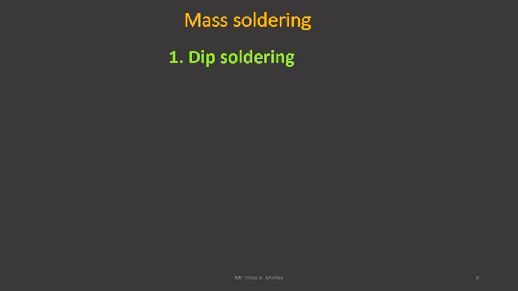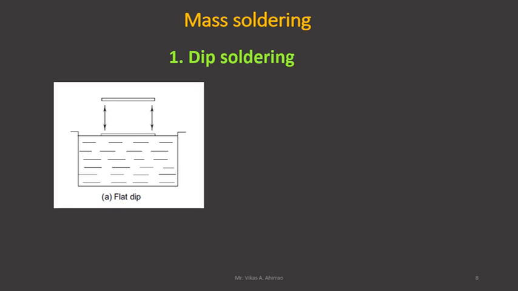Among them, the first is dip soldering. Here there is the PCB on which certain components are mounted which need to get soldered, and a solder bath which is electrically heated and consists of molten solder.